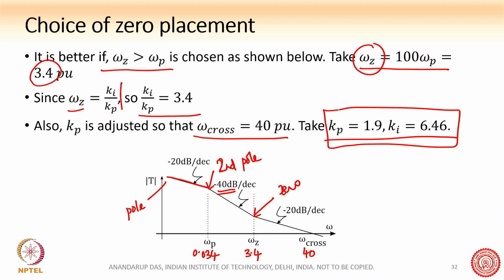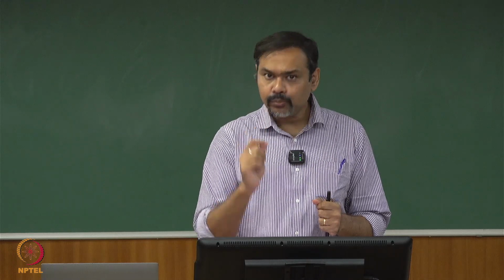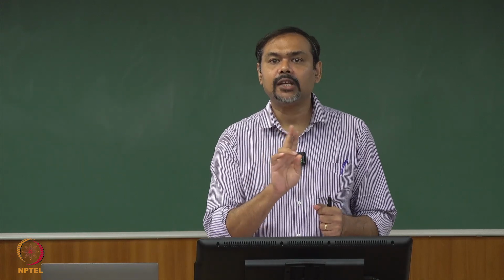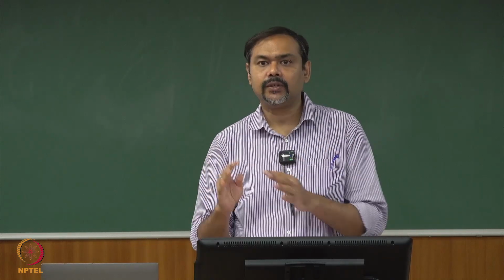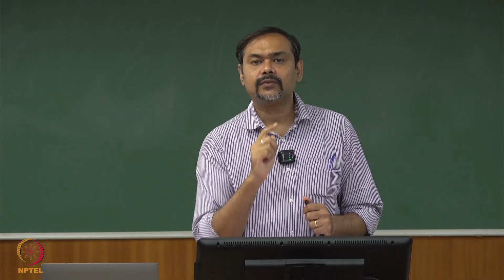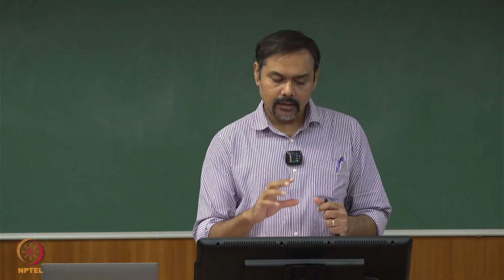If you analyze the Bode plot carefully for Ts, you can manipulate Ts by changing Kp, Ki parameters. You can shift it up, down, and therefore you can satisfy all the three requirements by doing this Bode plot analysis.